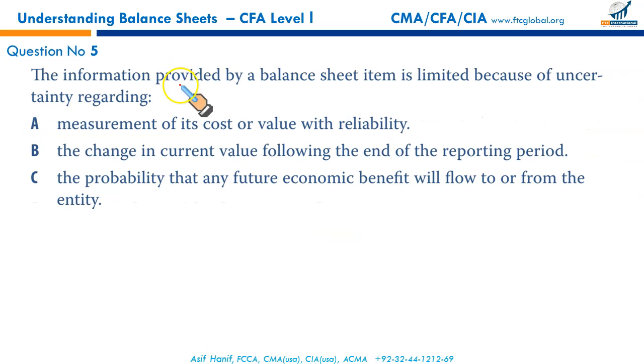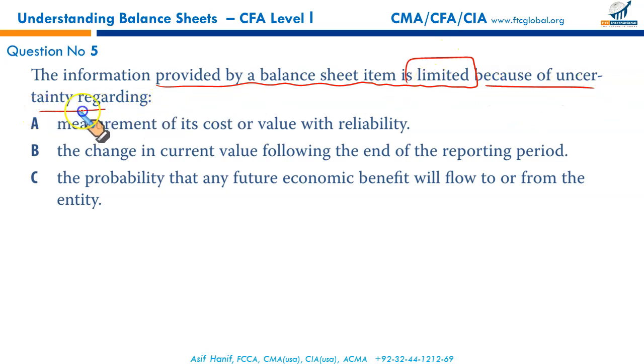Next. The information provided by balance sheet items is limited because of uncertainty regarding what? It says the information on the balance sheet has limited utility because of uncertainty regarding what? Measurement of its cost or value with reliability. Wrong. Many items are measured at different bases for reliability.